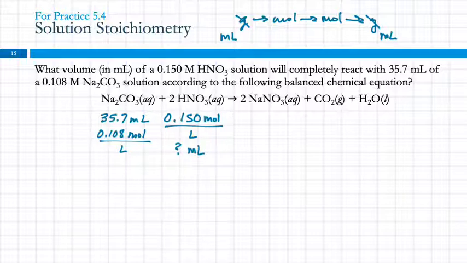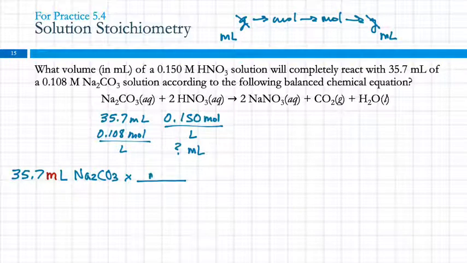So I'm going to start with the volume of the sodium carbonate. I've got 35.7, and I'm going to put that milli in red because I'm just going to let it ride. Milliliters of sodium carbonate. Then I'm going to go from that volume to moles of sodium carbonate.